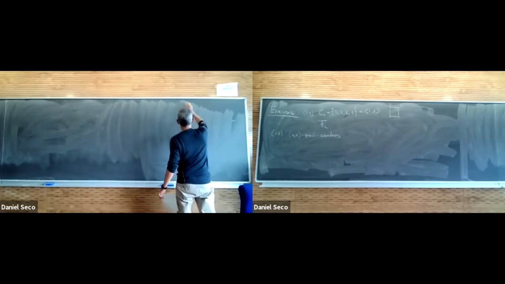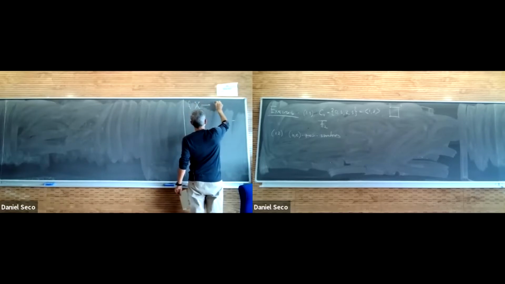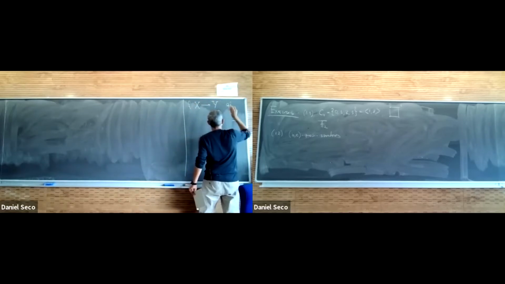Let me put here for the exercises again the window. So you have two metric spaces. This is a quasi-isometry.